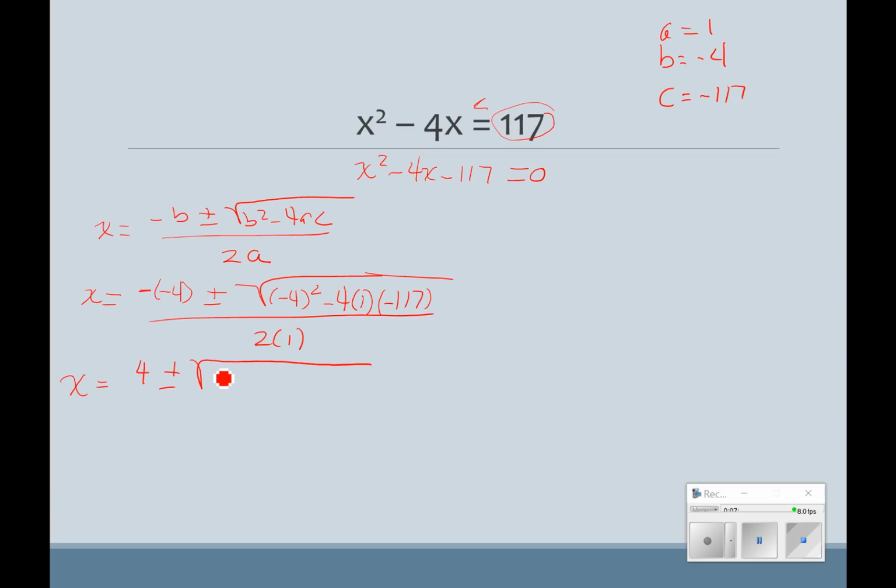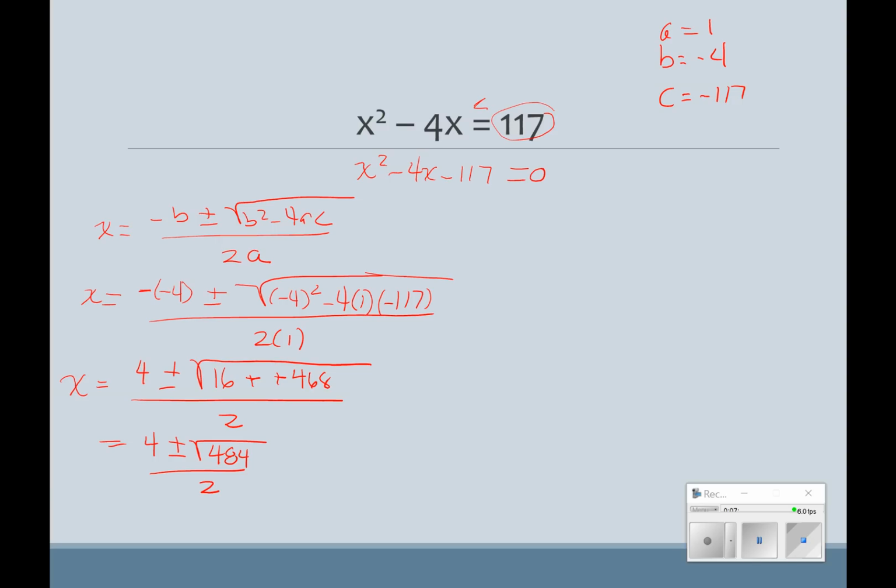Negative 4 squared is positive 16 minus 4 times 117 is 468. Negative 468 all over 2. Minus negative is a positive, so 468 plus 16 is 484. So I'm going to get 4 plus or minus the square root of 484 divided by 2.